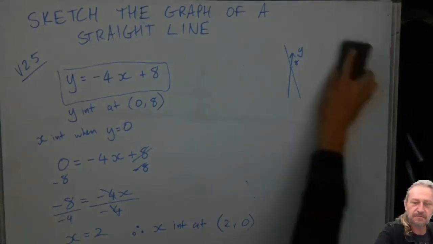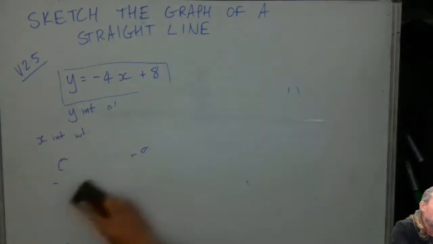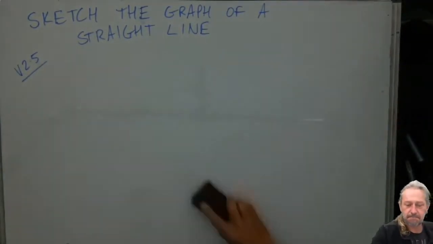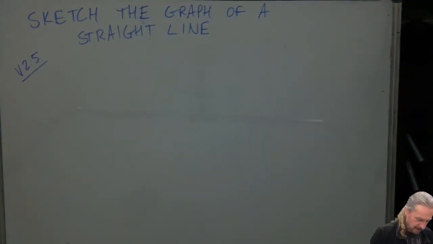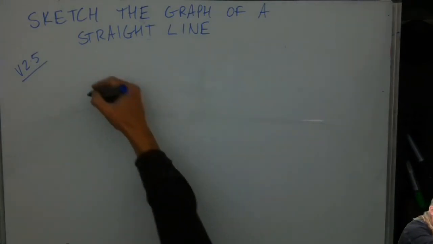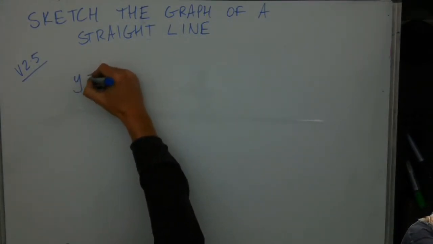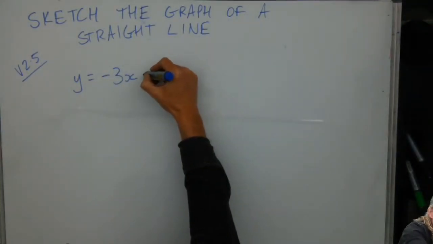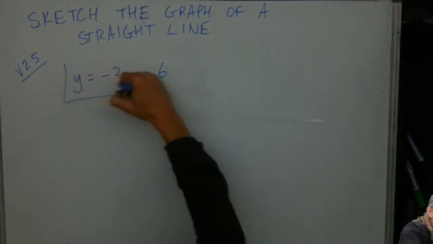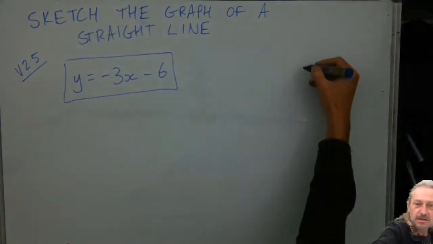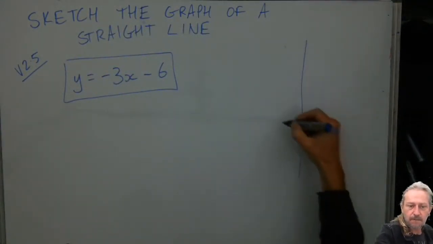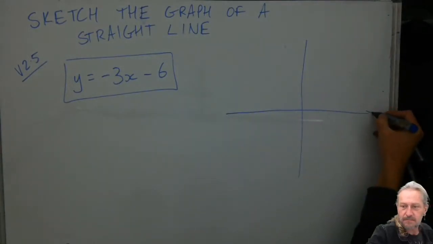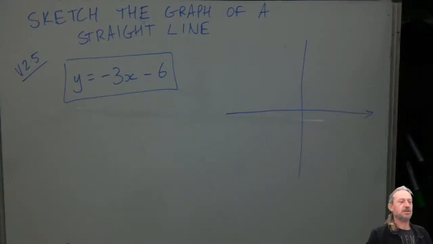Right, so get rid of that. So our next one is y equals -3x, take away 6. So straight away, it's not very straight, is it? But this is just a sketch.